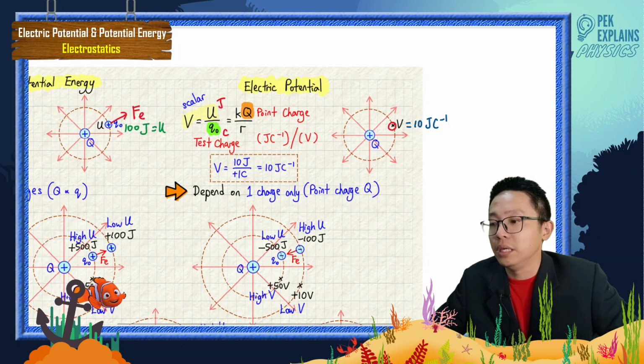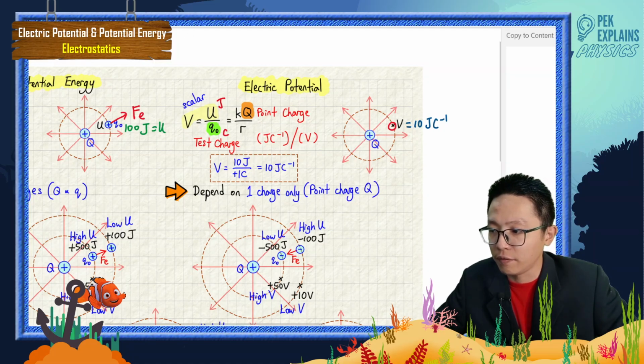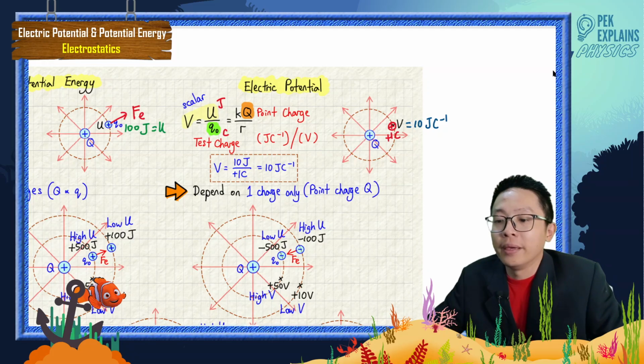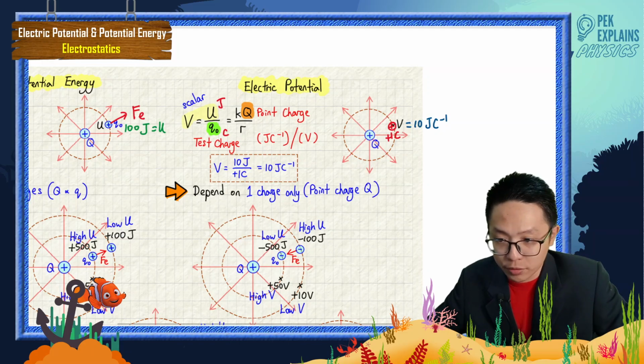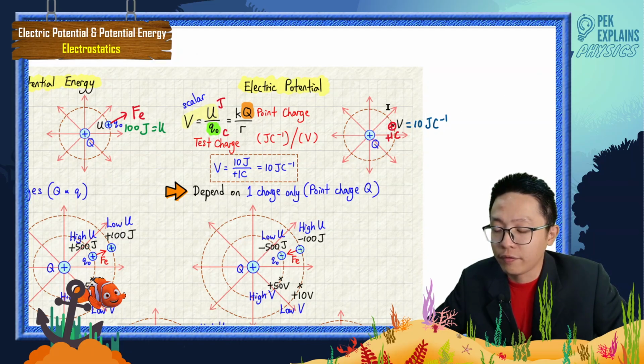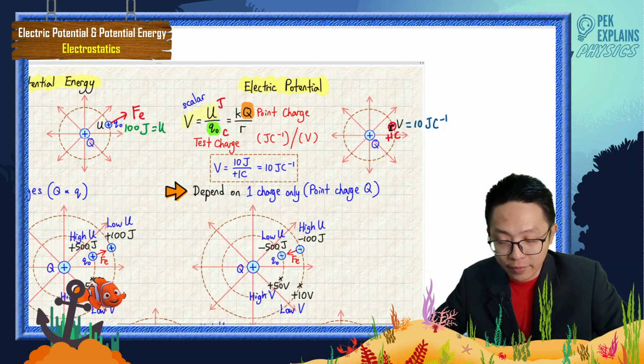That means if I have, let's say this is a positive 1 coulomb, okay, positive 1 coulomb. That means this positive 1 coulomb test charge, how much energy will it have at this point?